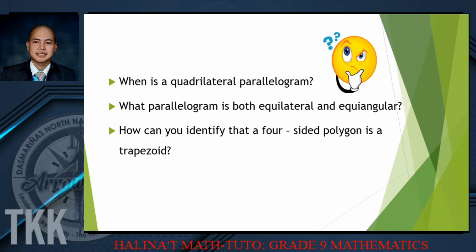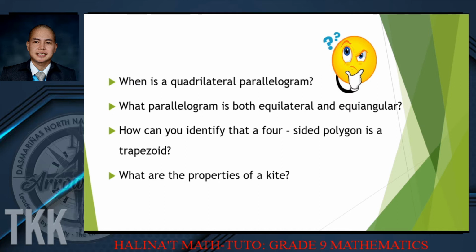Also, we have to know the theorem which says the median of a trapezoid is parallel to the bases and its length is 1/2 the sum of the lengths of the bases. Also, if we have isosceles trapezoids, meaning the legs are congruent, we have the following properties: base angles are congruent, diagonals are congruent, and opposite angles are supplementary.